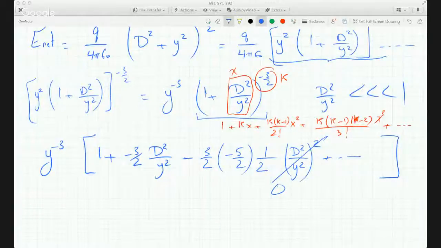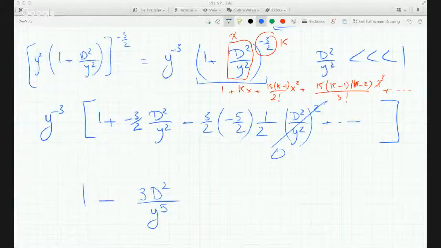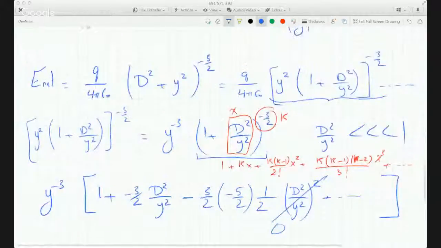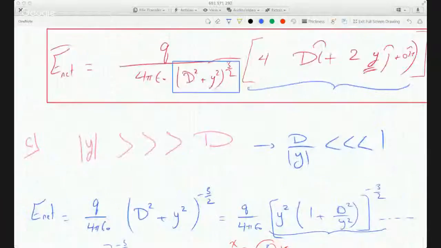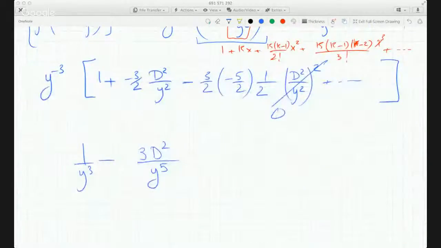If I just consider the first two terms, this becomes 1 over y cubed minus 3d squared over y to the 5.